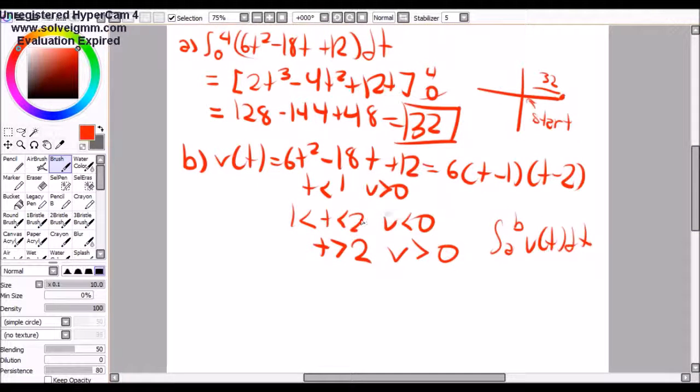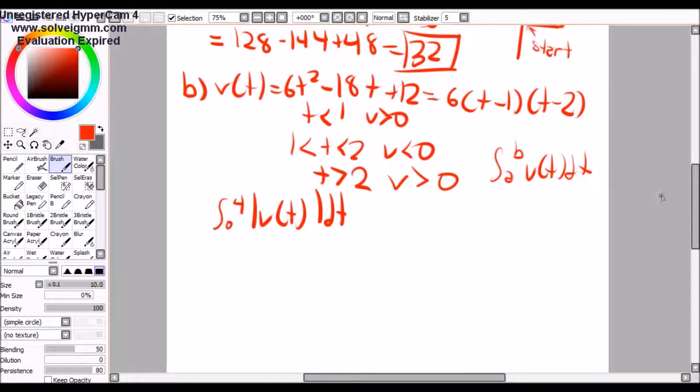So we want to force all the parts where it's going backwards to be positive so we can count it as distance. So then we would put absolute value bars around v(t) to force it to become positive. And then when removing the absolute value bars, we have to keep in mind the sign.